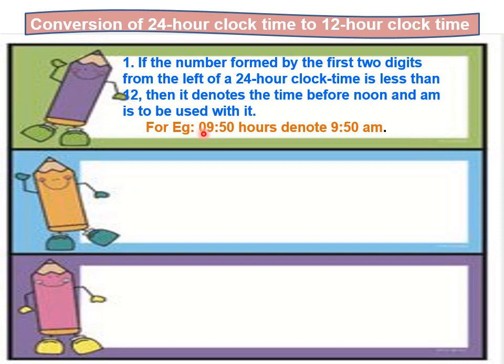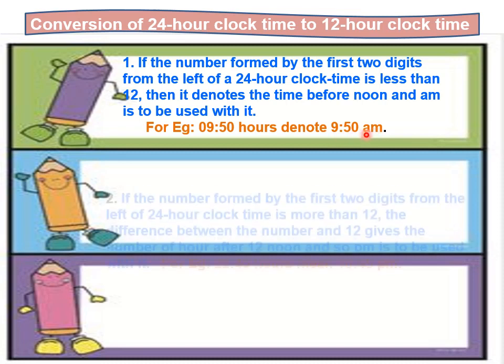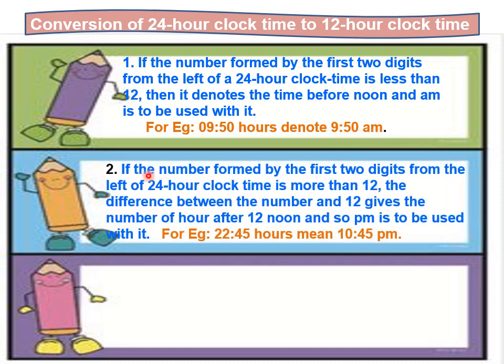So for example 9:50 hours. Before the point on the left-hand side 9 is there, so 9 is less than 12. So we will denote it as a morning time and use am. So 9:50 am. Then number 2: if the number formed by the first 2 digits from the left of 24-hour clock time is more than 12, the difference between the number and 12 gives the number of hours after 12 noon, and so pm is to be used with it.